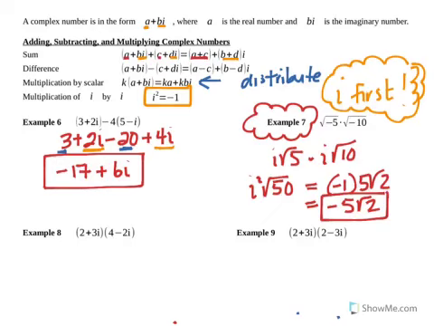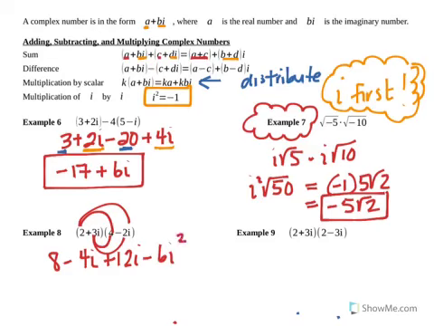Okay, we're looking at example number 8 now. This is two binomials multiplied together, so of course we're going to FOIL. So 2 times 4 is 8. 2 times -2i is minus 4i. 3i times 4 is 12i. And then of course we have 3i times negative 2i, which is negative 6i squared.